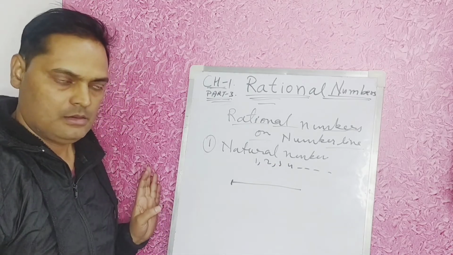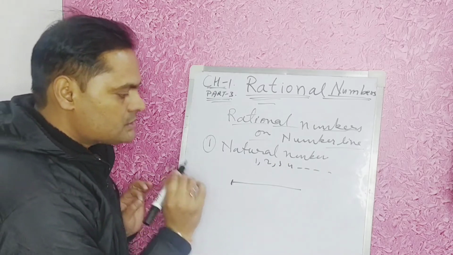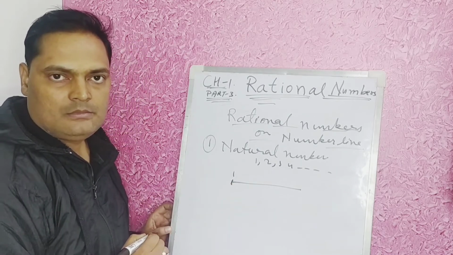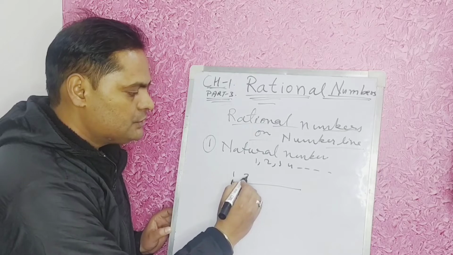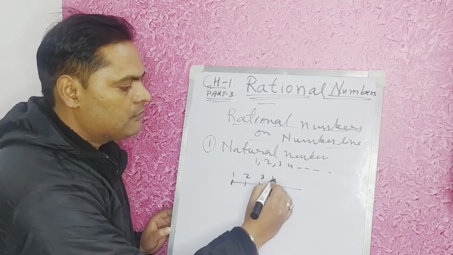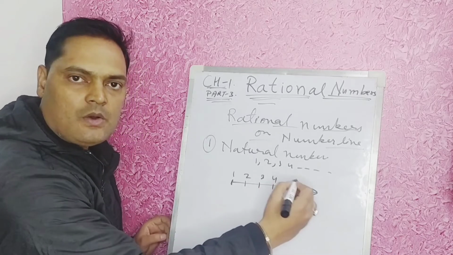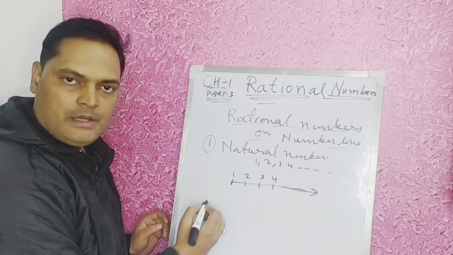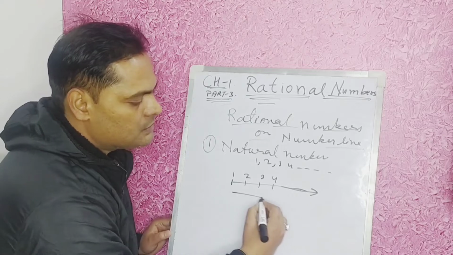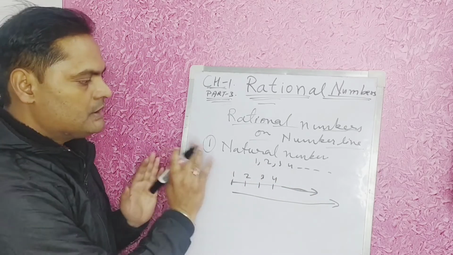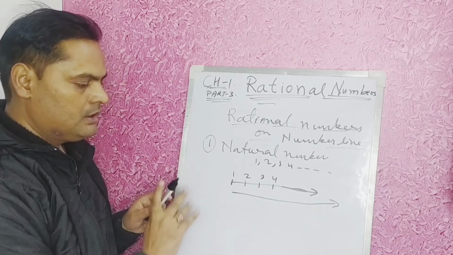So on the number line, you have to start from 1, then 2, 3, 4 and so on, in increasing order. Starting from 1, it goes on beyond to infinity. Okay, so this is the case of natural numbers.